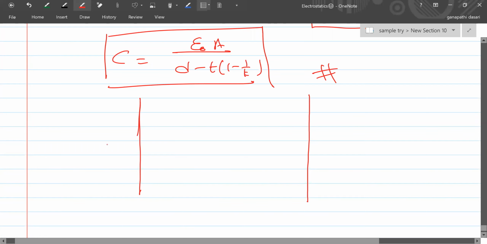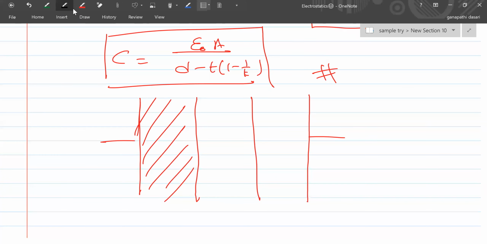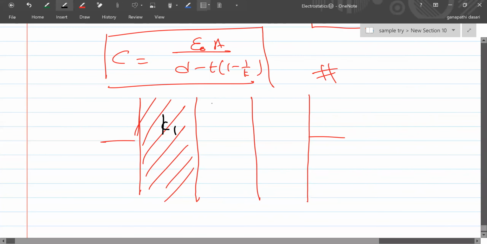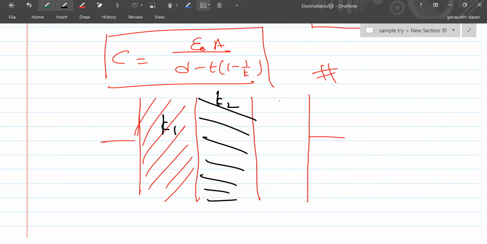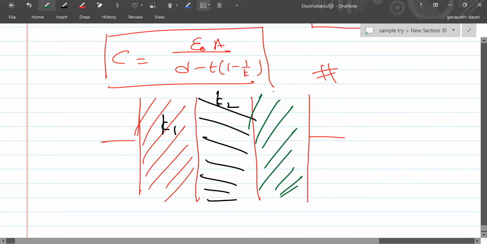Two plates are present. This is filled with K1 dielectric constant. This is filled with K2 dielectric constant. This K3.